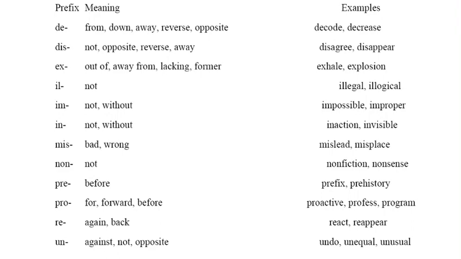So legal was the root of a word, and il was added, and it becomes illegal, so it becomes opposite, not. Then im, it's also not, without, like impossible, improper. And the one in, not, without, like inaction, invisible.